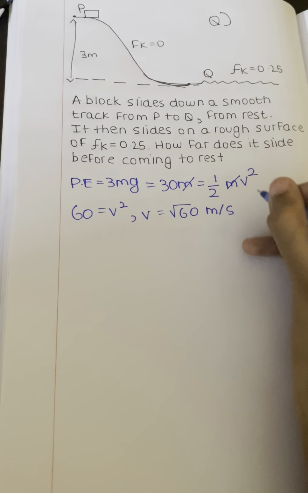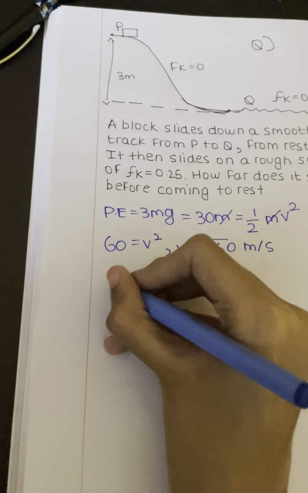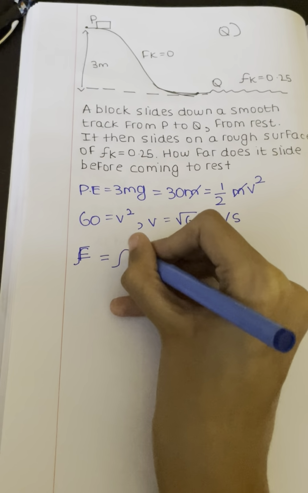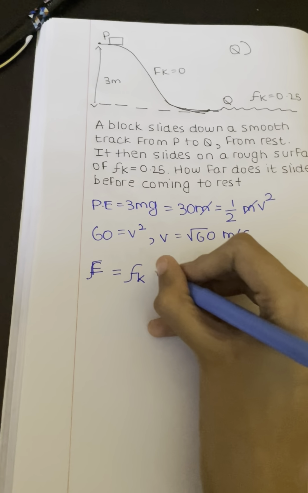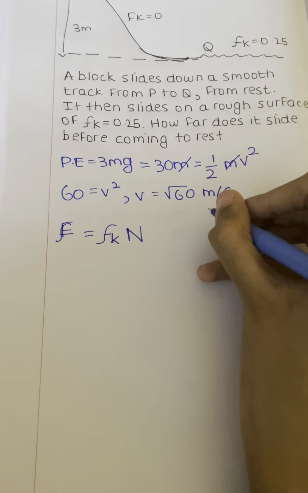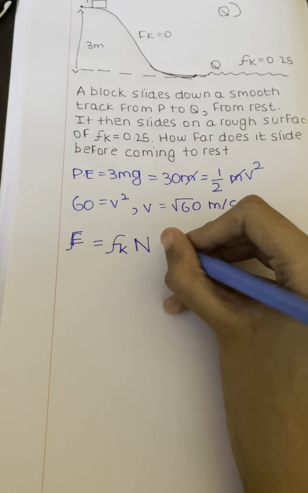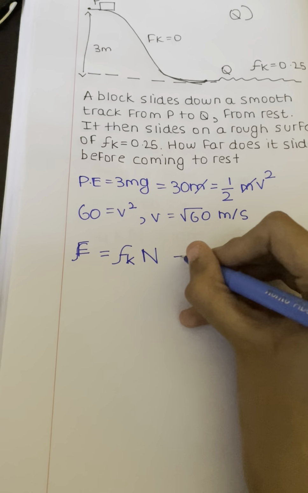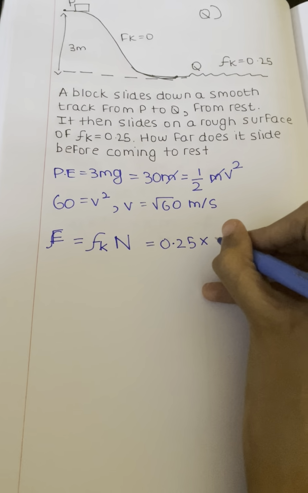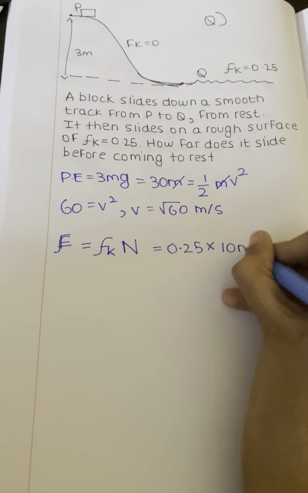First, let's take the formula of the frictional force. Frictional force f is equal to the coefficient of kinetic friction times the normal reaction. The normal reaction, again for an unknown mass, we can only take it to be in terms of g. Therefore, it's going to be equal to 0.25 into 10m.